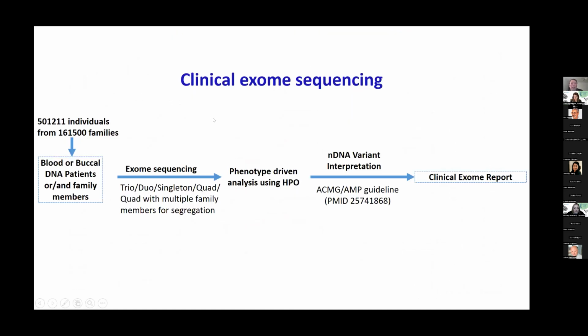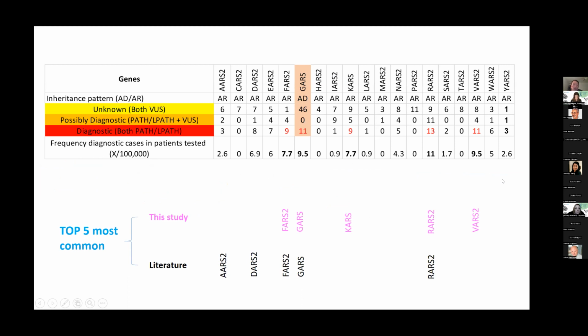At GeneDx, we did clinical exome sequencing for over 500,000 individuals from over 160,000 families. By exome sequencing, we did phenotype-driven analysis using HPO terms, then interpretation as usual. Here's the result. I calculated the diagnostic results in our reports.